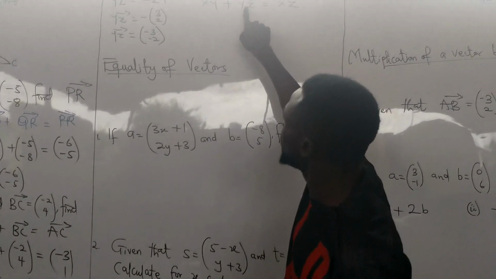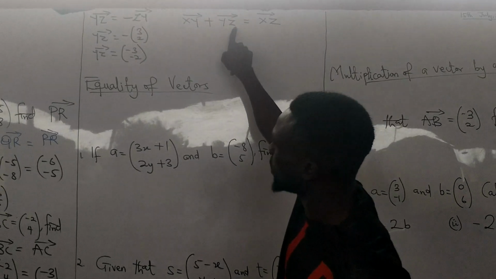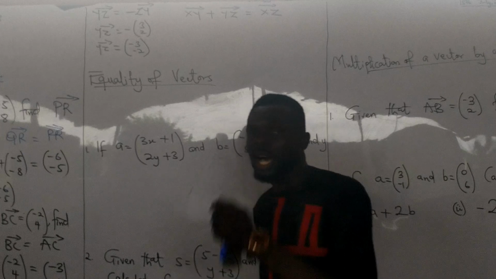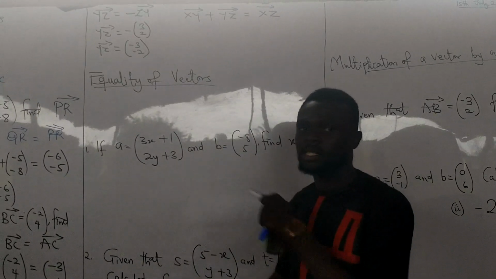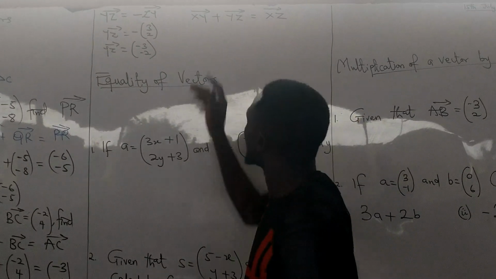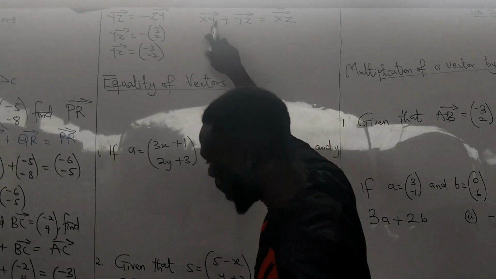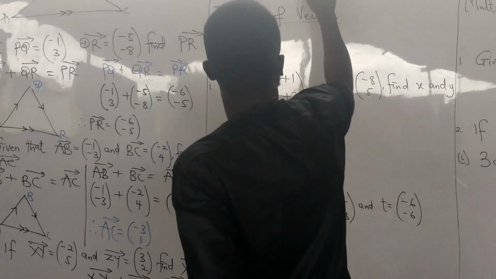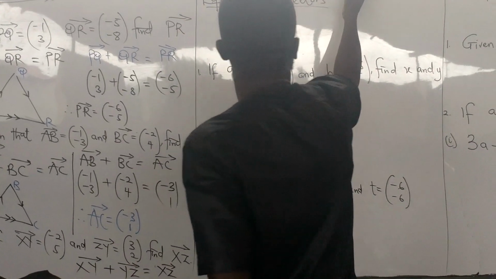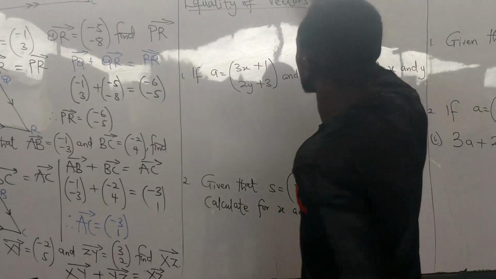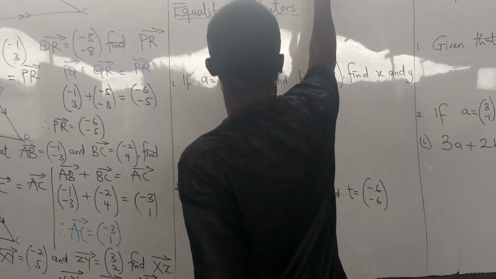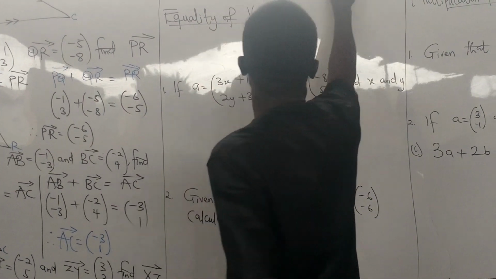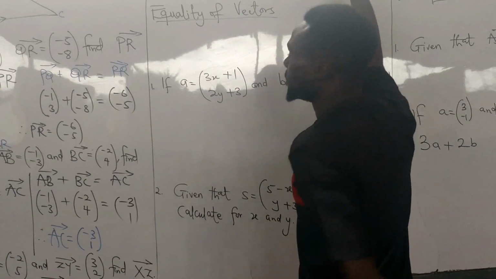From the question, we don't have YZ, but they gave us ZY. So we use the ZY to calculate the YZ, which is the inverse. So what do we have for XY? From the question, we have negative 2, 5, plus YZ. When we calculated, we have negative 3, negative 2. And if you put this together, it gives you XZ.